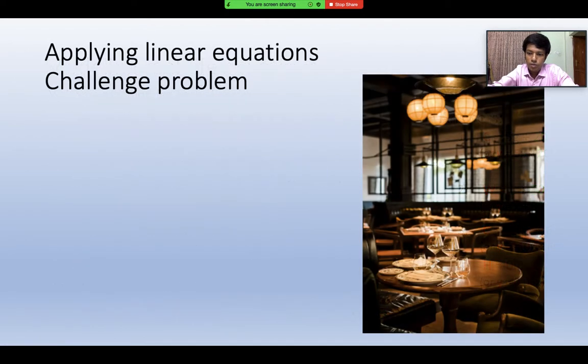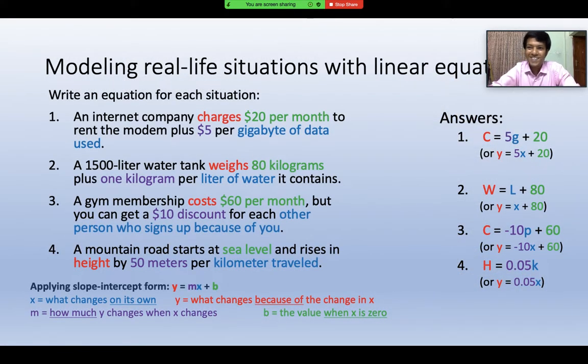Alright, so now we have the answer here. So see the solution. An internet company charges $20 per month to rent the modem plus $5 per gigabyte of the data used. So what is going on here? $20 per month.